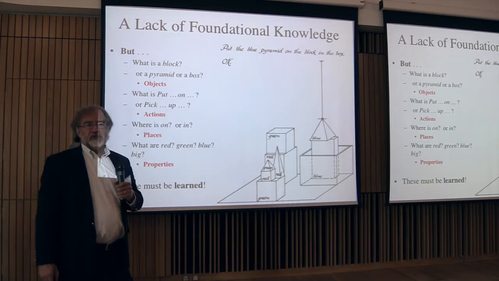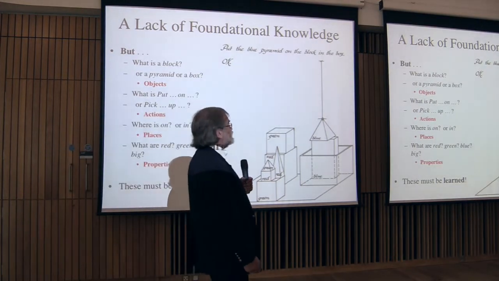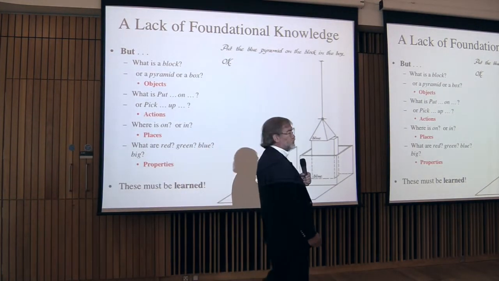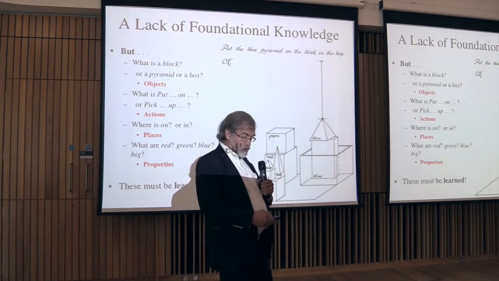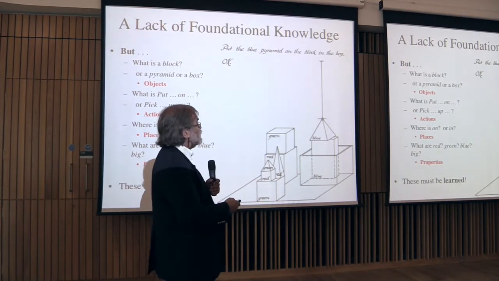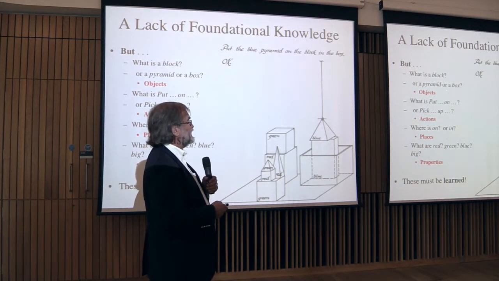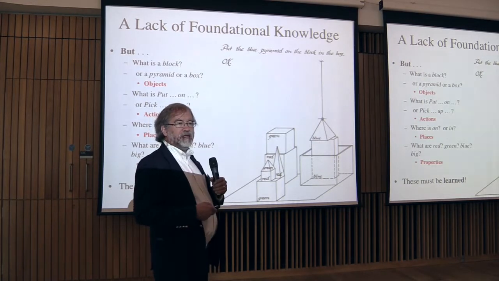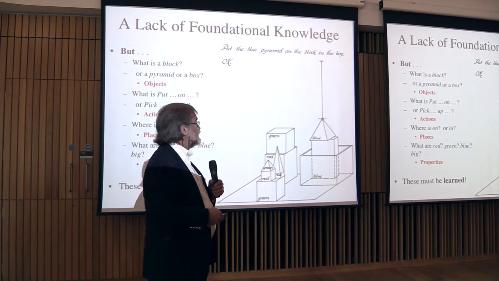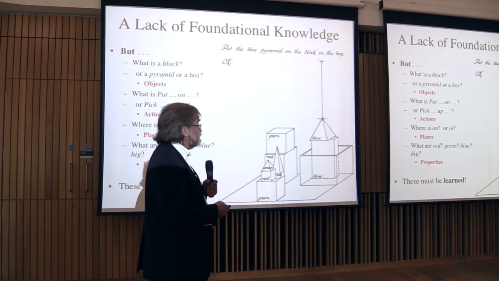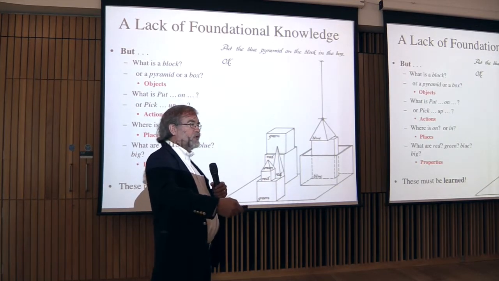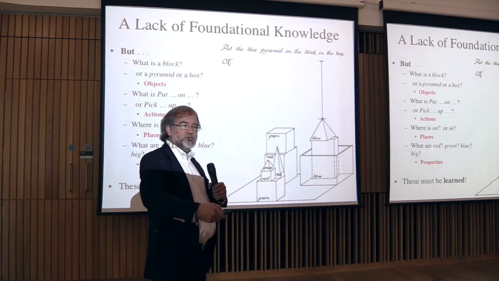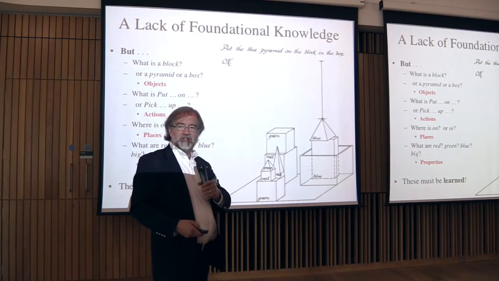So my claim is that a really important part of that is that SHRDLU knew a bunch of impressive things, but there were a lot of things it didn't know. It didn't know what a block is. It didn't actually know what objects are. I mean, it had data structures that represented objects, and it didn't really know what actions are, although it knew that it could invoke an action and it would result in a procedure being called that would make a transformation in a data structure.